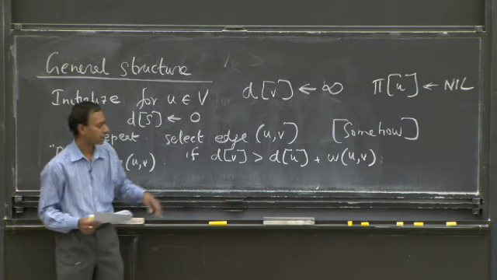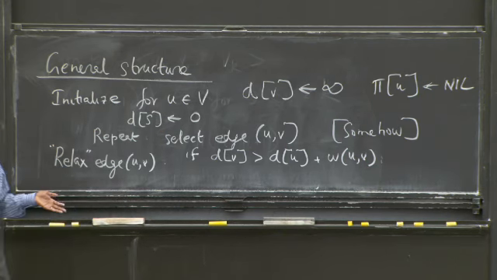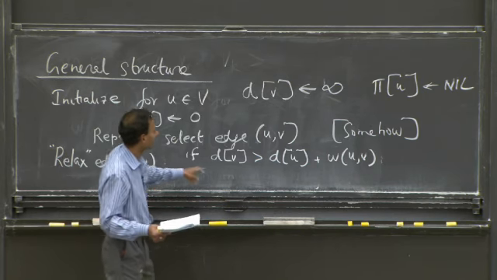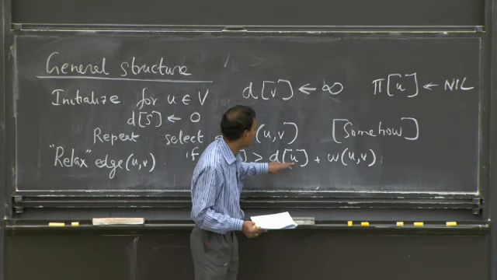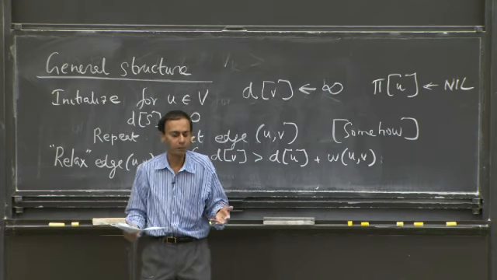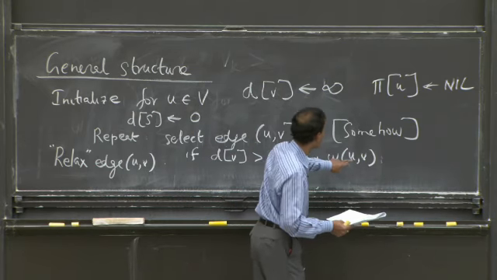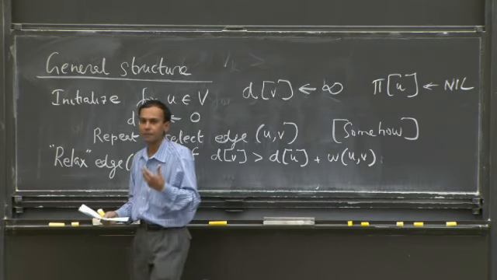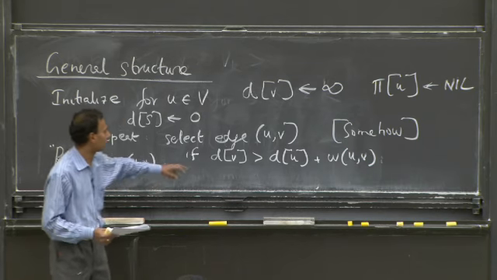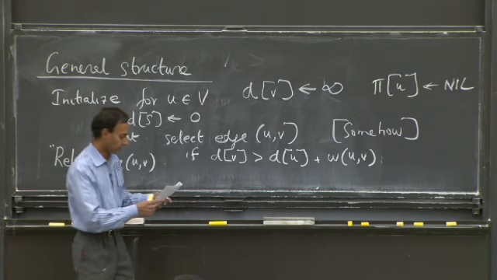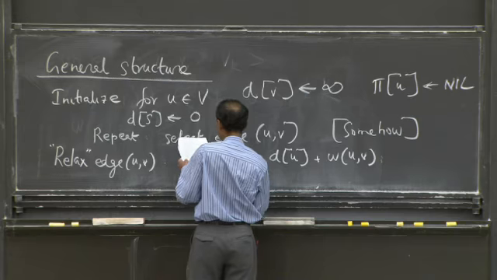So d of v could currently be infinity, which means I haven't found a way of getting to v yet. But I know that d of u, for example, is a finite number, and I do know that this edge exists from u to v, which means that I can update the value of d of v, and that's what we call relaxation of the edge uv.